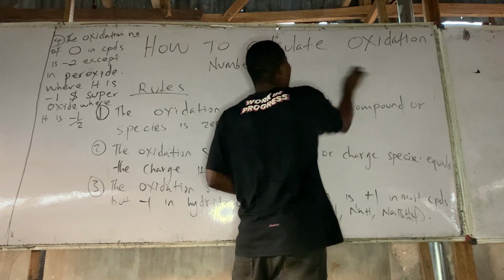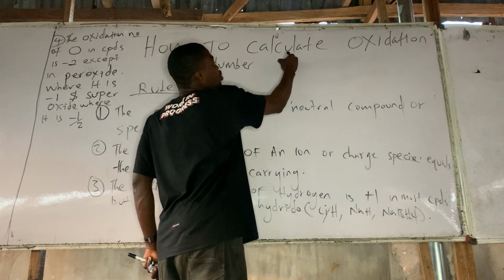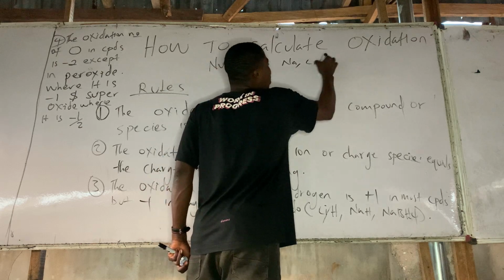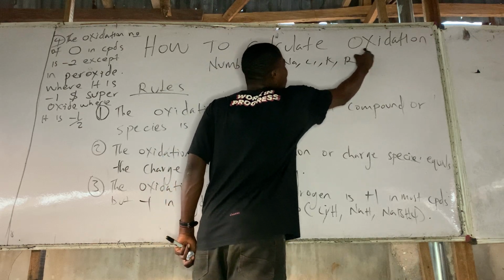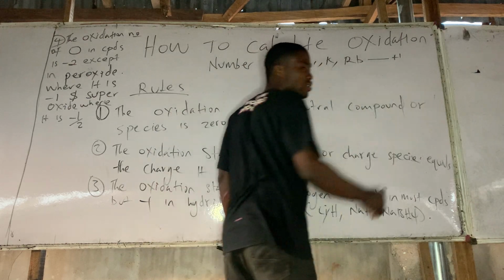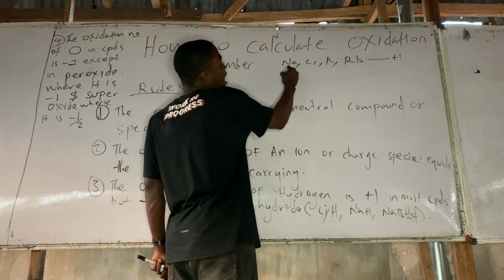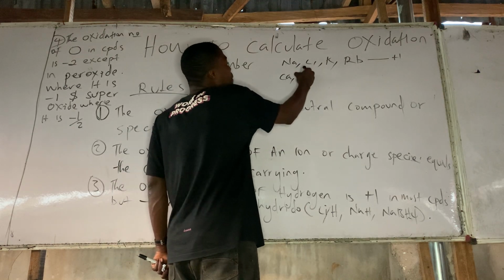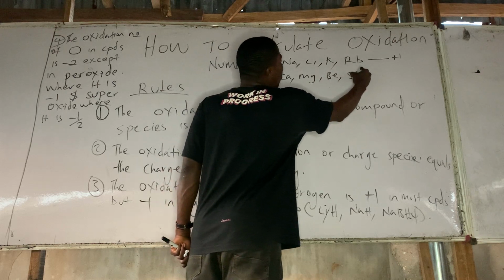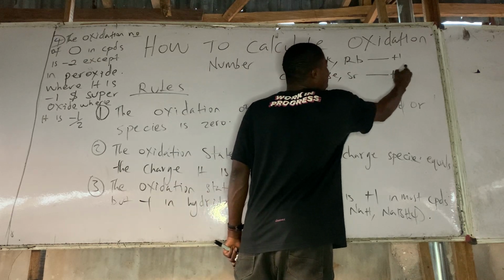Having known these rules, there are some basic rules again we have to know. Group 1 metals, namely sodium, lithium, potassium, and rubidium, usually have an oxidation state in compounds of +1. Group 2 metals such as calcium, magnesium, beryllium, and strontium usually have an oxidation state in compounds of +2.